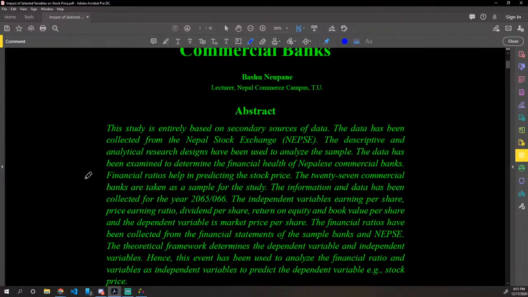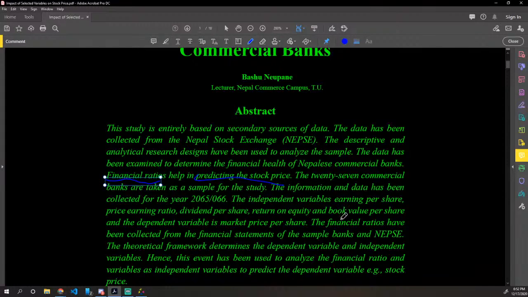Financial ratios help in predicting the stock prices.